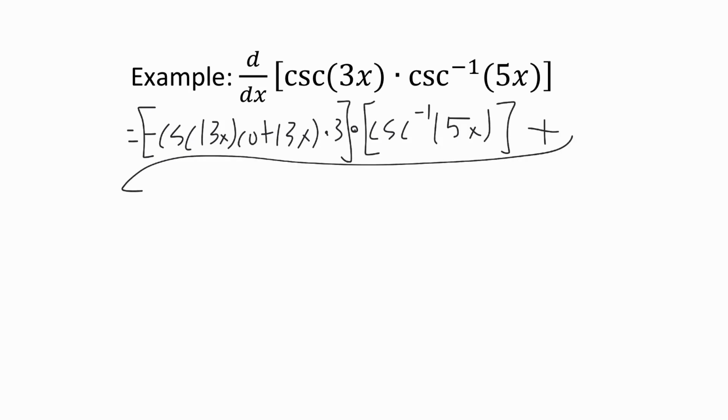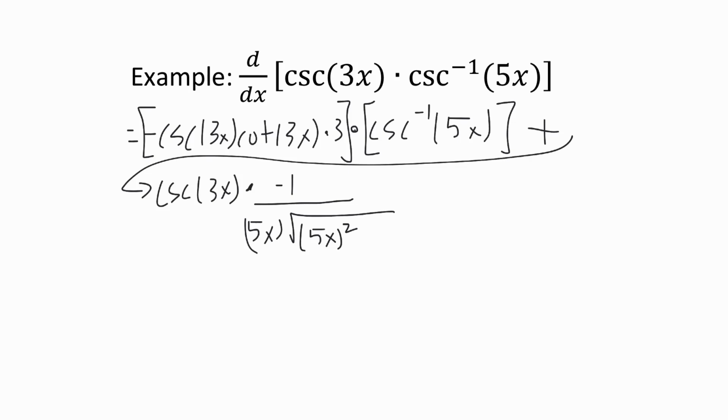Plus, rewrite that first one, cosecant of 3x, times the derivative of cosecant inverse, which is negative 1 over 5x square root 5x squared minus 1, times 5. Again, you can put each one of these in brackets to help really show the product rule.